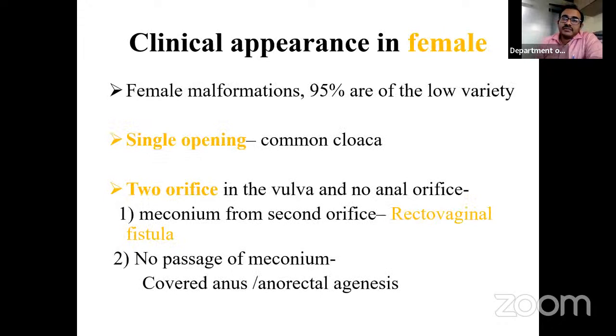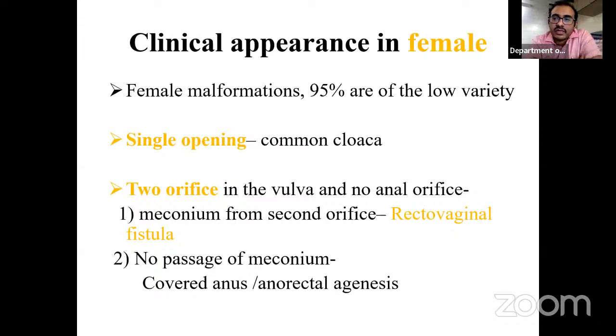Then clinical appearance in female. So variations are many in female clinical appearance. Of female malformations, 95% are the low variety. If a single opening is present in the perineum, that is common cloaca, meaning urethra, vagina, and rectum all are opening in a single opening.